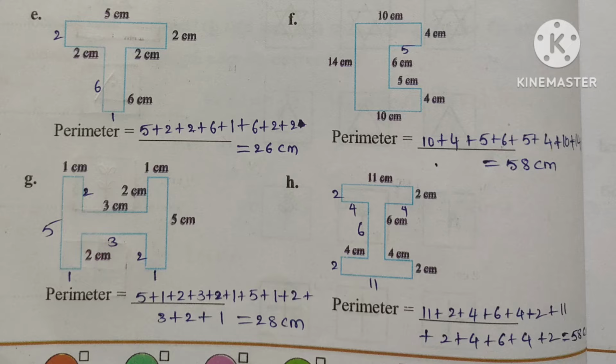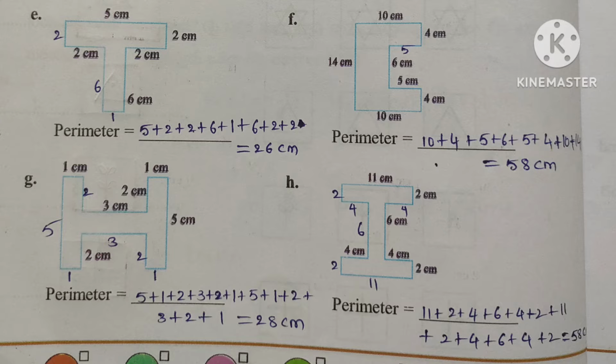And in the same way, perimeter of G equals 5 plus 1 plus 2 plus 3 plus 2 plus 1 plus 5 plus 1 plus 2 plus 3 plus 2 plus 1 equal to 28 centimeters.